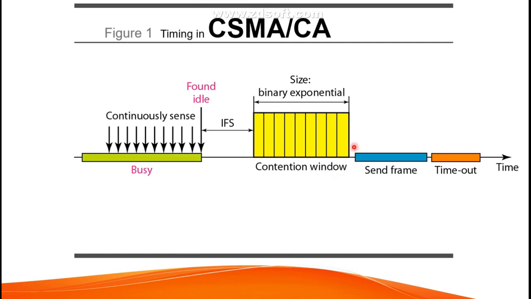And the third one that we called is acknowledgement. The data may be corrupted during transmission. So the positive acknowledgement and the timeout timer can help. They can provide you the guarantee that the receiver has received the frame.